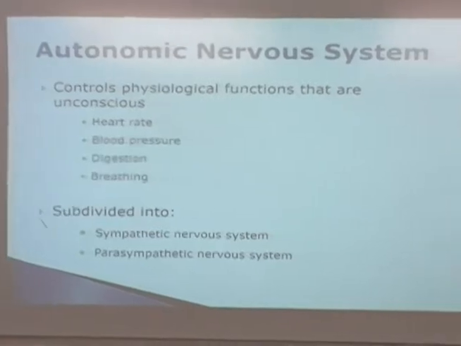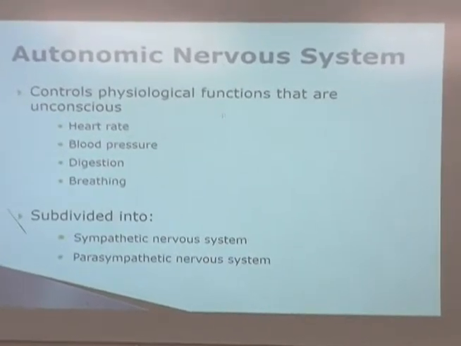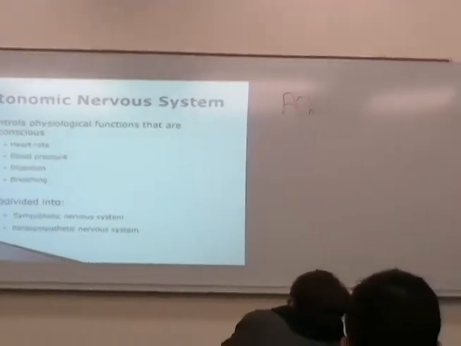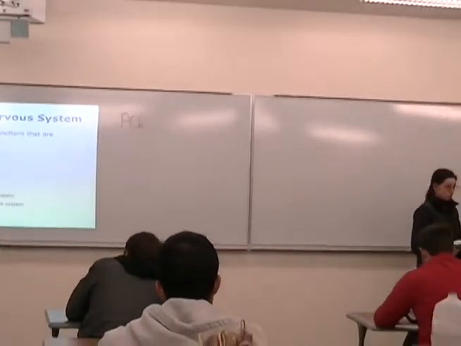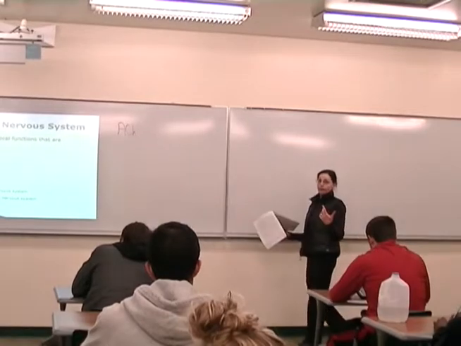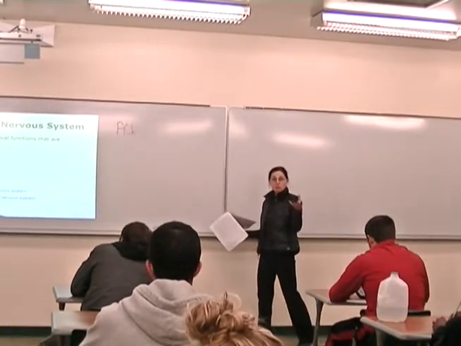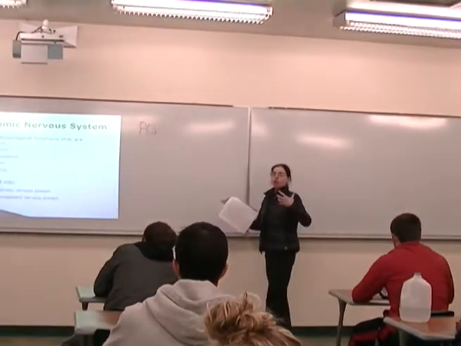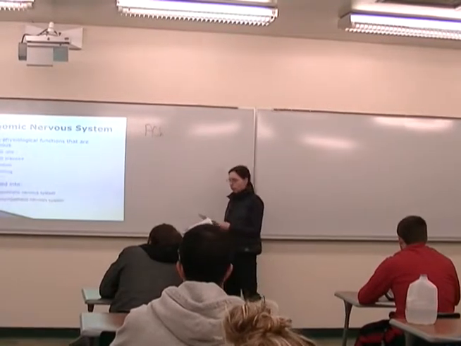Blood pressure, digestion, breathing. I can think about breathing, but most of the time I don't think about breathing. Someone dunks me underwater, I start thinking about breathing. But most of the time, you don't consciously control your breathing.